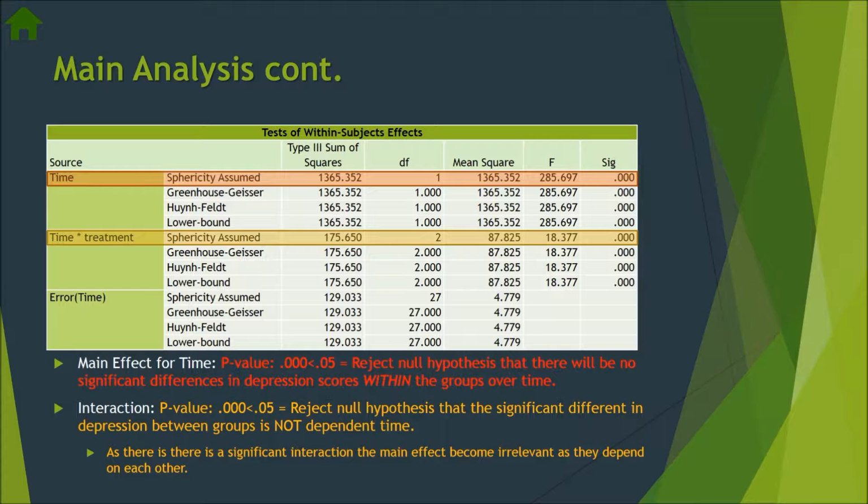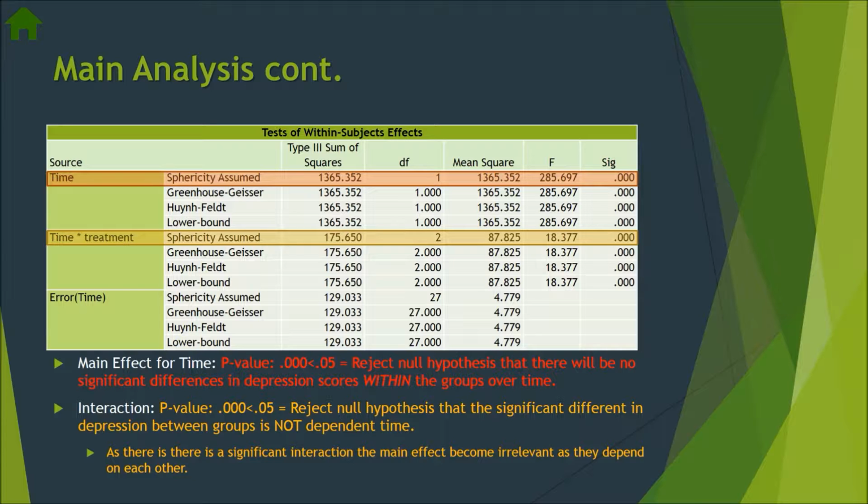As we have already satisfied sphericity, we focus on the upper values in the table. So for time here in the red box, if we go along the top line where sphericity is assumed, we can see that the significance value is less than 0.05. Therefore, we reject the null hypothesis that there will be no significant difference in depression scores within the groups.